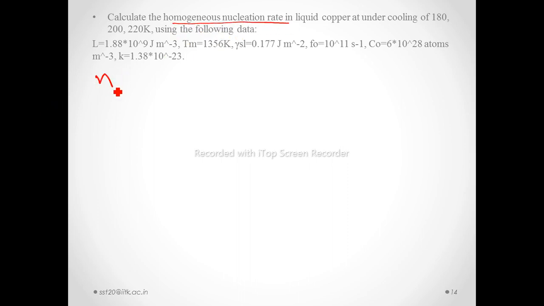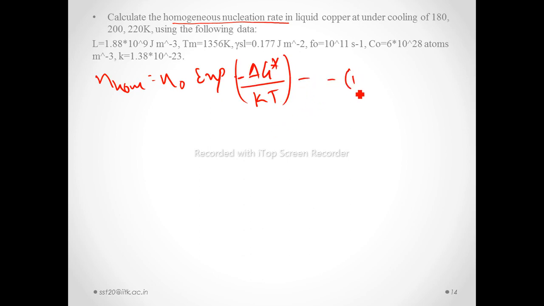Okay, so first of all, the basic equation: homogeneous nucleation rate, n homo is equals to n naught into exponential of minus delta G star by kT.